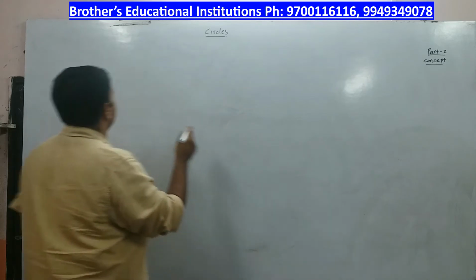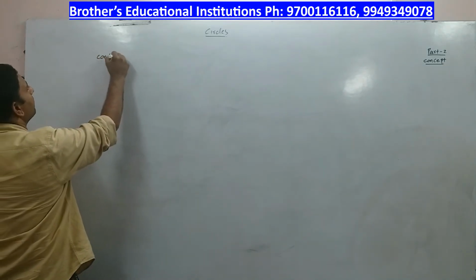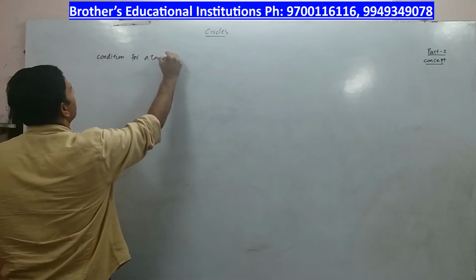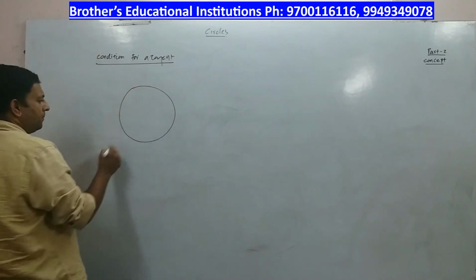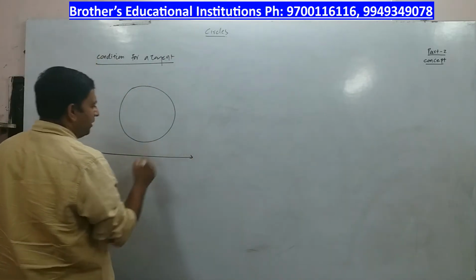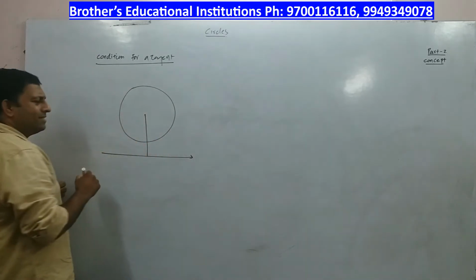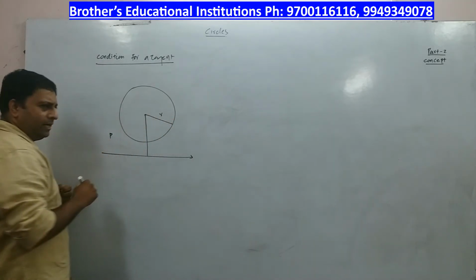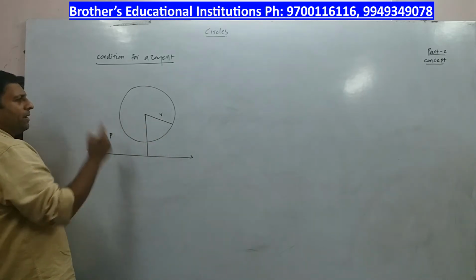Now let me just give you a brief idea. Condition for a tangent. Now listen here, if there is a circle and you have a line here and this is a center, if I call P as the perpendicular distance, if I call R as the radius, can you see the radius is less than the perpendicular distance.